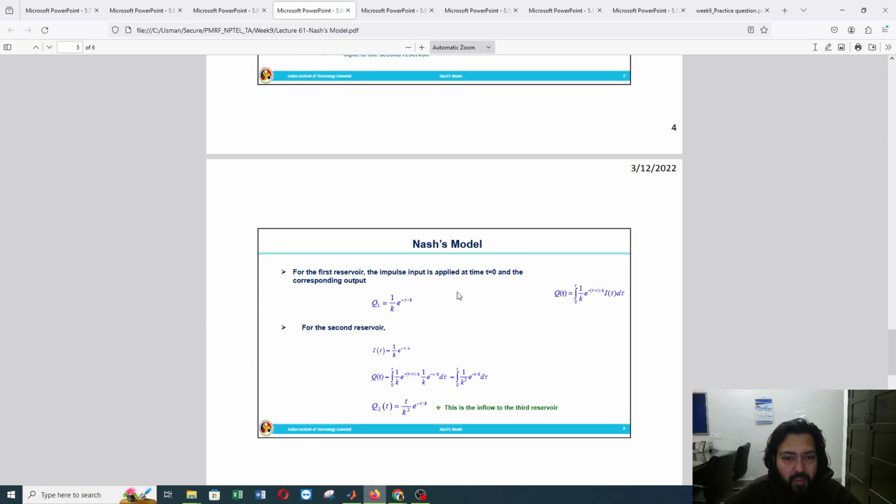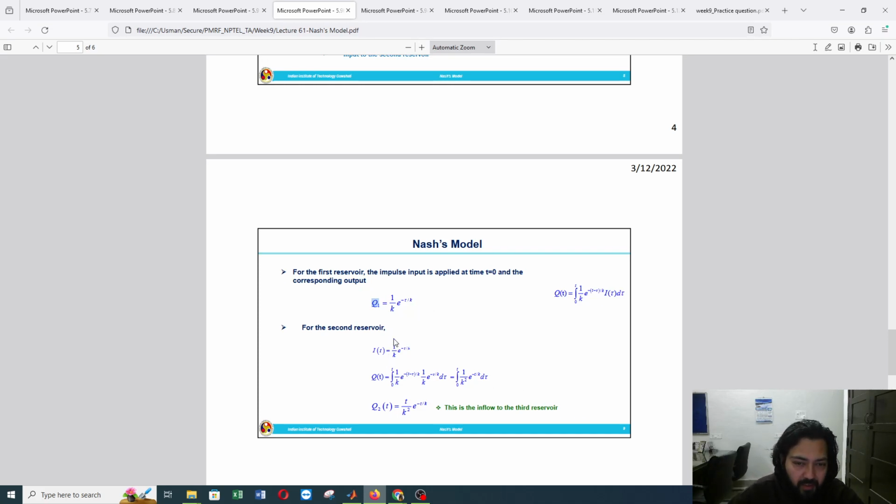So if we look at the Nash model here, we just want to find a standard equation, the generalized form of the Nash model. What we are seeing here is Q1 is nothing but the output of the first linear reservoir, which is 1/K e to the power of minus tau/K, right? So this output would obviously become the input to the second reservoir.